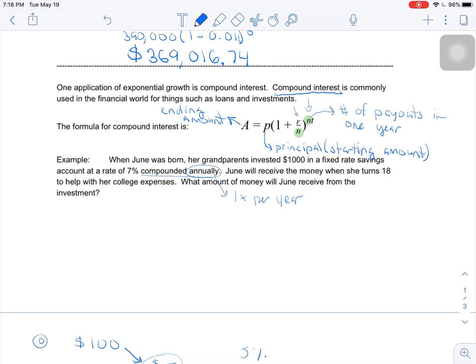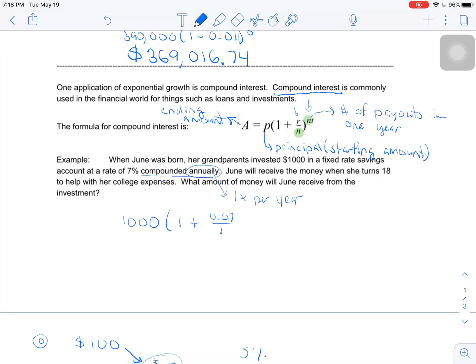So what we're going to do is drop this all into our compound interest formula, which is really our exponential growth formula. So our starting amount is $1,000. 1 plus the interest rate as a decimal, 7%, is 0.07, and this time it's just getting divided by 1 because we're only getting paid once a year.